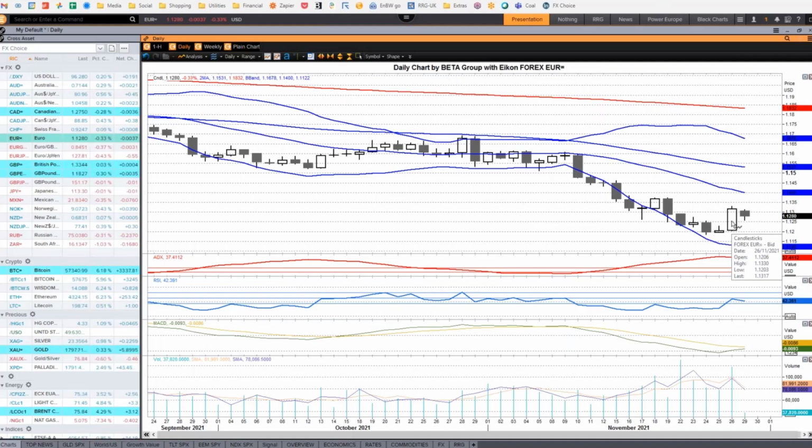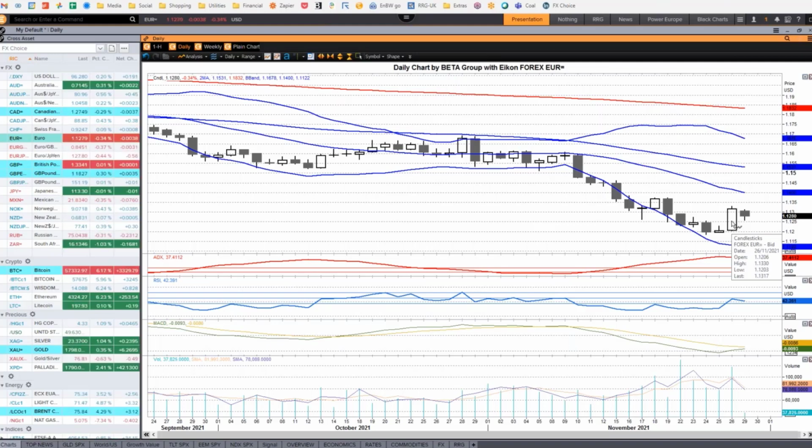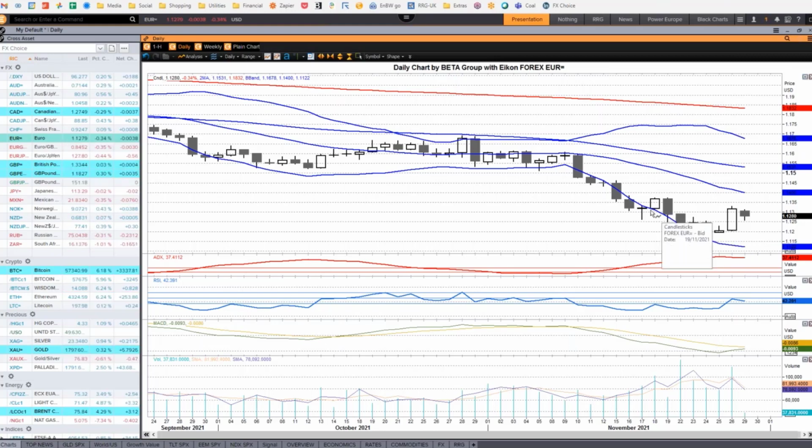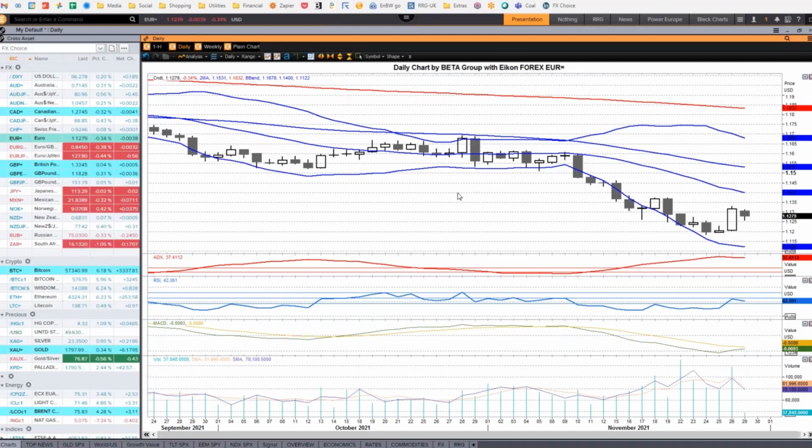A break of this level could see a further rally, of course, to about 115, and then the resistance is a big cigar, which I haven't drawn in here, very strong indeed.